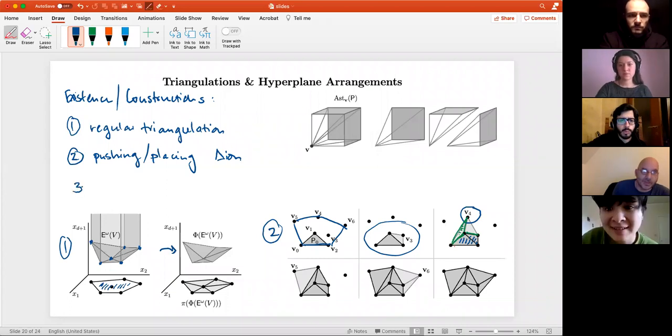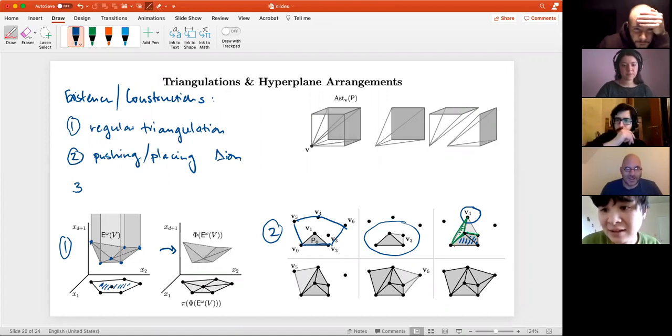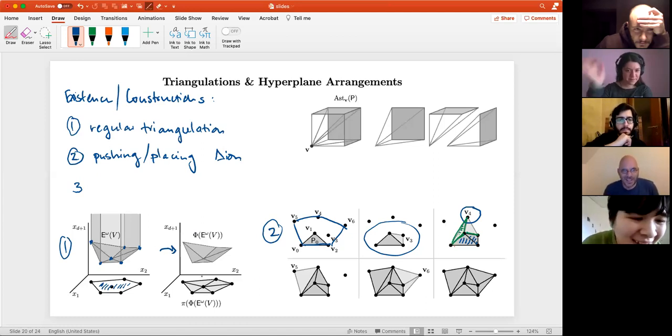And there's a question in the chat. Yes, please. I think Aryaman was asking for the regular triangulation, just wanting to confirm that the map phi is just collecting the lower faces. I have notation here.